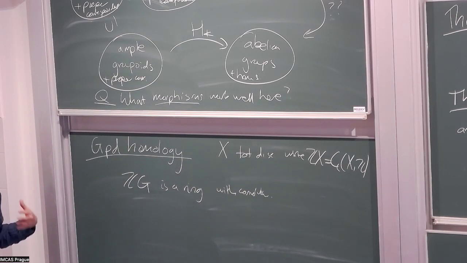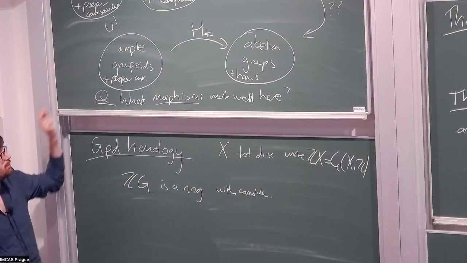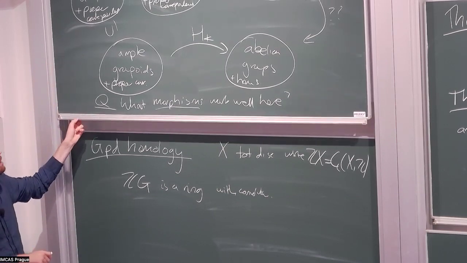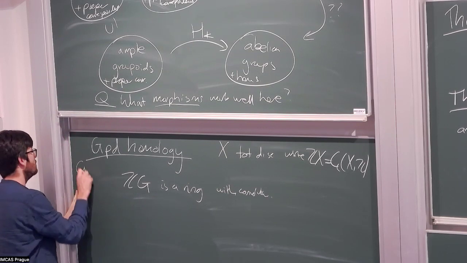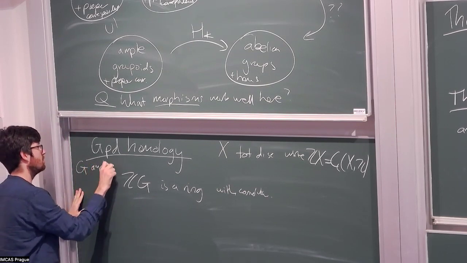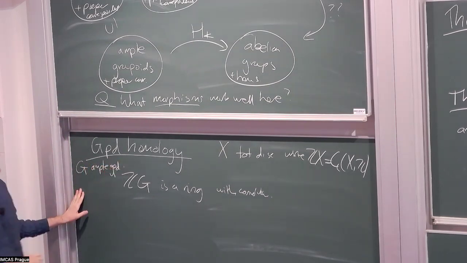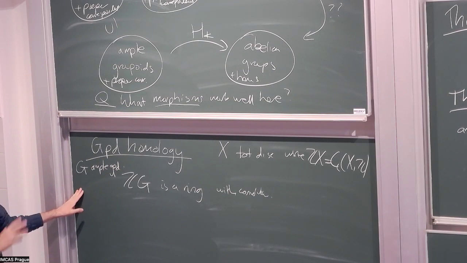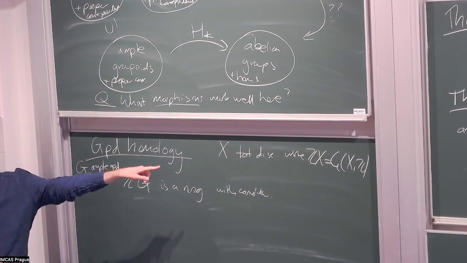Now G is an ample groupoid. G is always a groupoid for me. Now it's ample, which means it's totally disconnected.